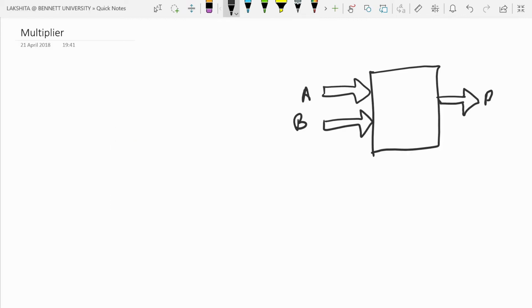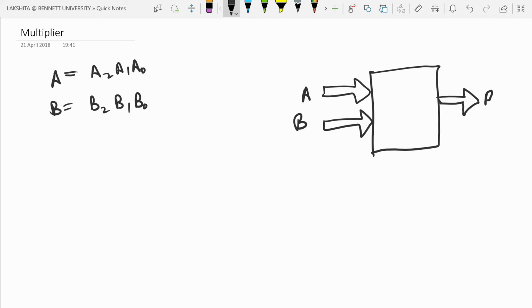Now similarly, we will multiply two 3-bit numbers. Let the numbers be A and B, where A is a 3-bit number, which is A2, A1, A0, and B is also a 3-bit number, which is B2, B1 and B0. As I told you, P in the 2-bit multiplier was a 4-bit number.